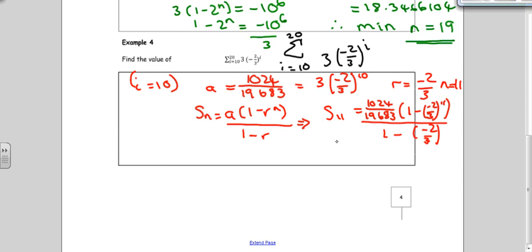So if we put that into our calculator, it comes out as 0.03157562824.